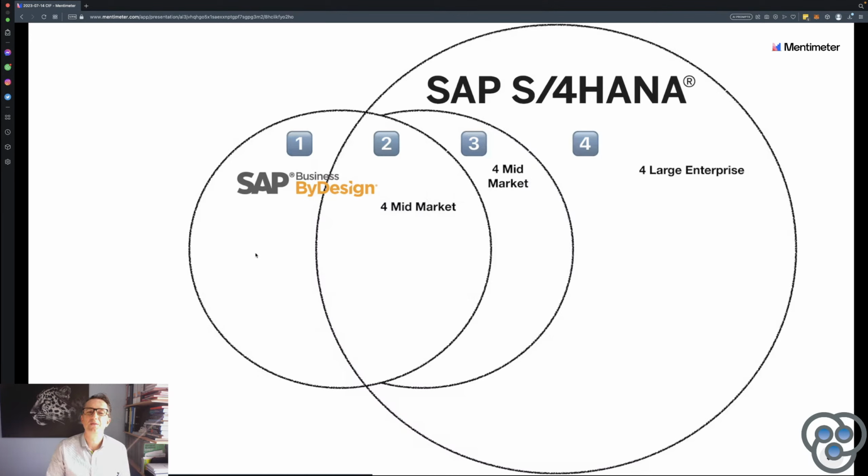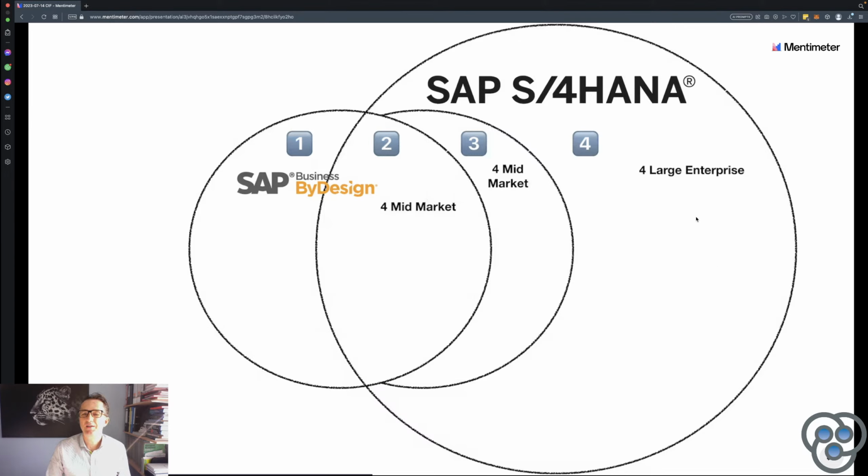If you have a must requirement that you have integrated HR functionality processes in your ERP system, then you have something in subset 1. And this is a decisive factor for you to prefer SAP Business ByDesign over S/4HANA Cloud.